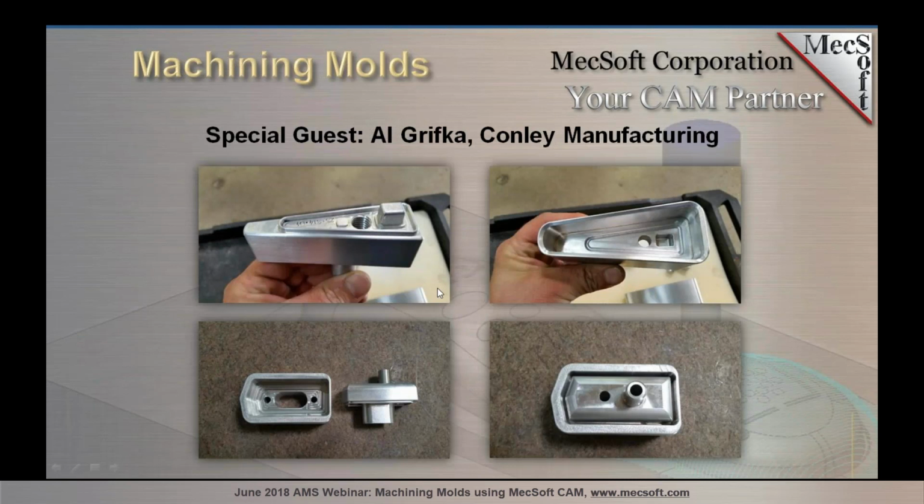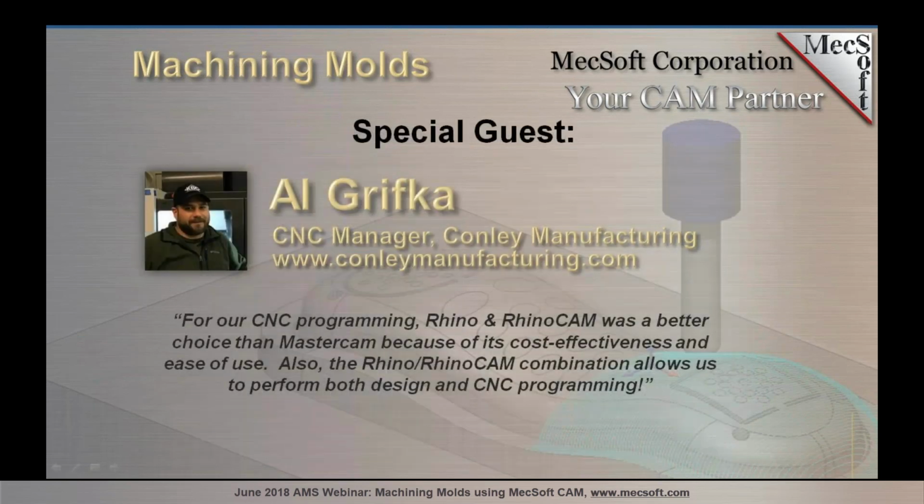Al, what do you do there at Conley Manufacturing as far as your customers and your processes? Can you tell us a little bit about Conley? Yeah, so at Conley we do a lot of automotive and aerospace work. For automotive, we primarily do checking fixtures, which for those of you that aren't familiar with checking fixtures, an automotive process, when the parts are coming down the line, they'll use a jig, a checking fixture to check the parts, say for the buttons that are on your radio or even your door panel, your mirrors, glass, your hood, any kind of engine component, any kind of steering components.